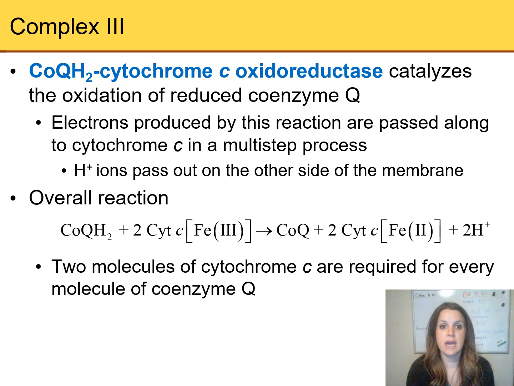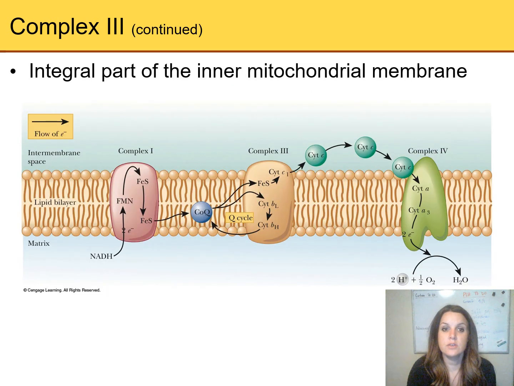And this is going to catalyze the oxidation of the reduced coenzyme Q. And in this process, electrons produced by this reaction are passed along to cytochrome C in a multi-step process. The overall reaction is shown below, and there's 2 molecules of cytochrome C that are required for every molecule of coenzyme Q.